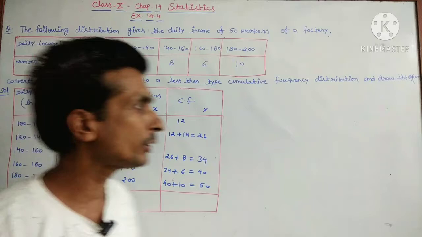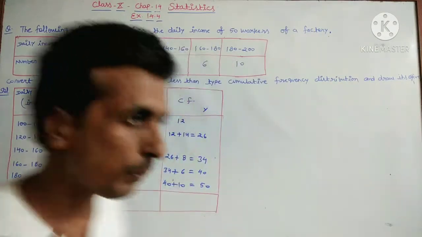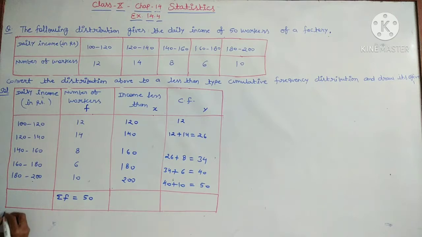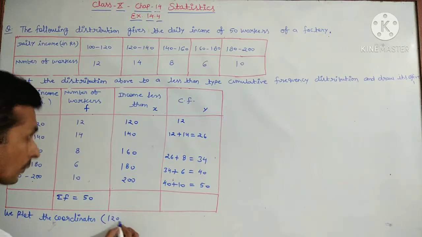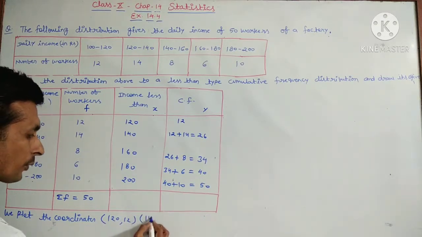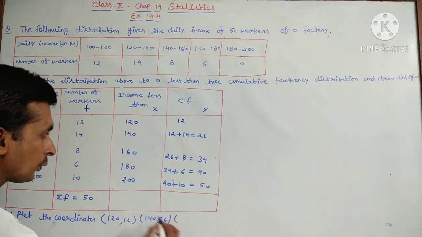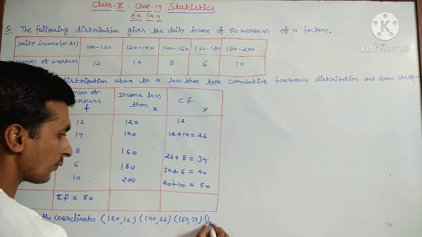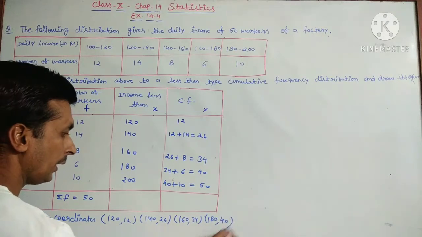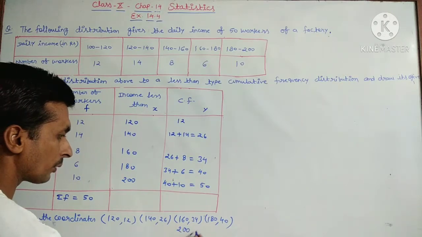Now we have to plot the points on the graph paper. So we plot the coordinates. The coordinates are: the first one is 120 comma 12, the second is 140 comma 26, the next one is 160 comma 34, the next is 180 comma 40, and the last one is 200 comma 50.